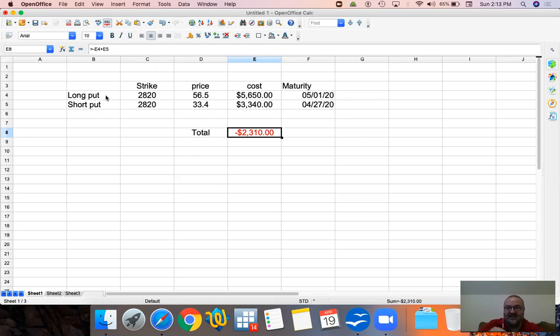And instead of setting it up vertically on the same maturity, we are setting it up horizontally at a shorter maturity. So this time we are writing the put at the same strike price with a lower price, and therefore we are getting some of our money back. And that actually lowers our cost from $5,650 down to $2,310.